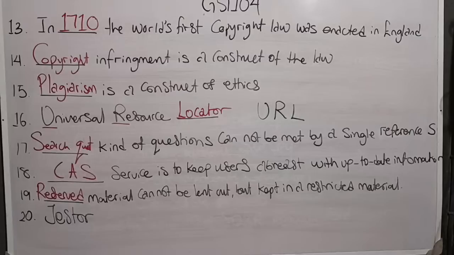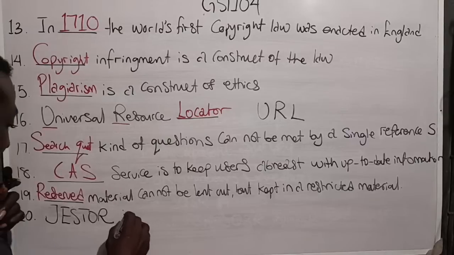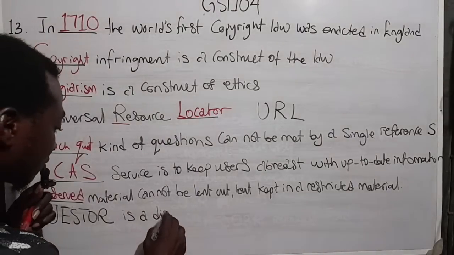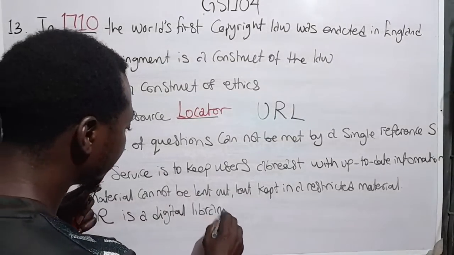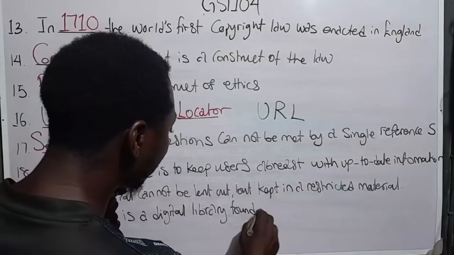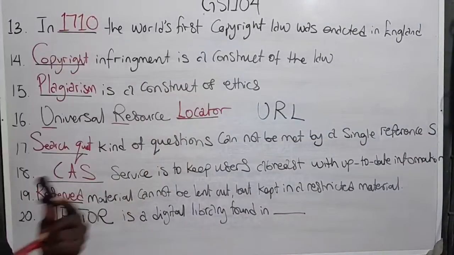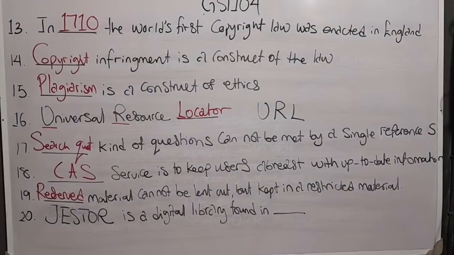Don't mind me, maybe I should write that in capital letters too. JSTOR is a digital library founded in what year?